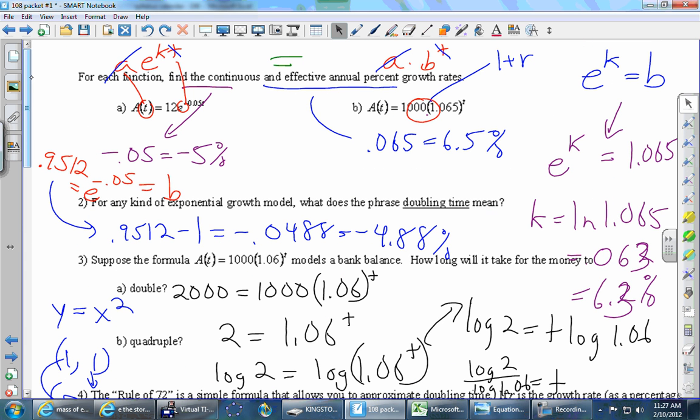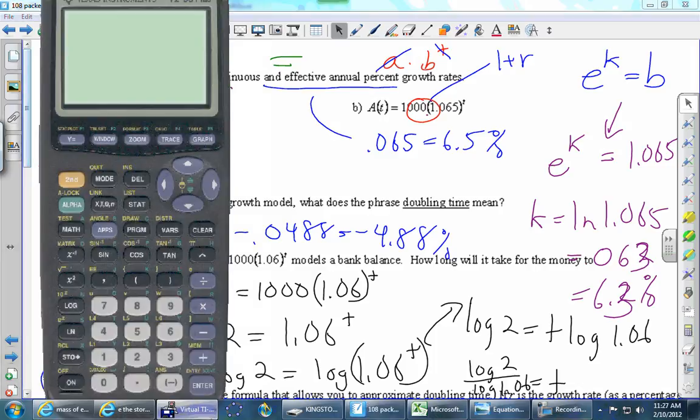Let me show you something real quick here. You guys remember this one here, right? This 1,000 times 1.065? Okay, so I want to type that onto my calculator and graph it. 1,000 times 1.065 to the t. And in terms of the window, let's say we're looking for how long it took to double.